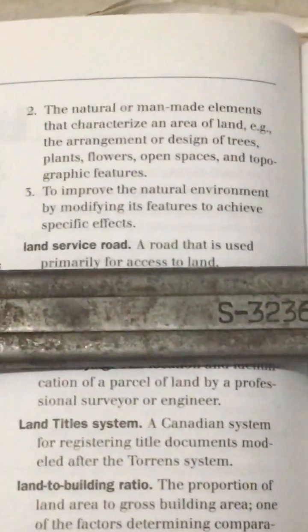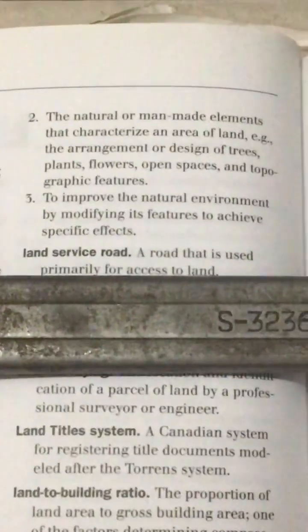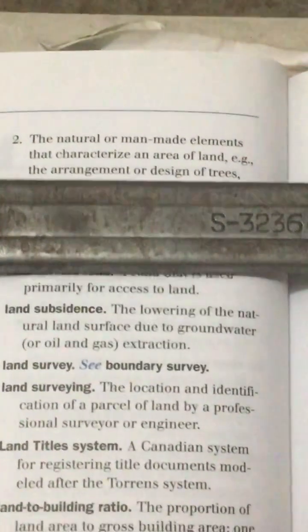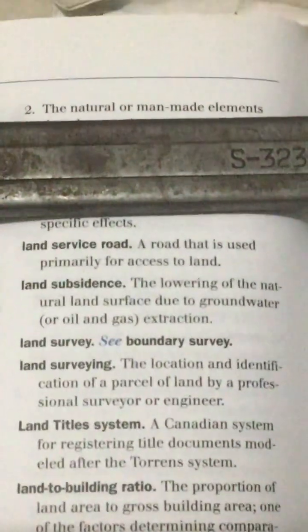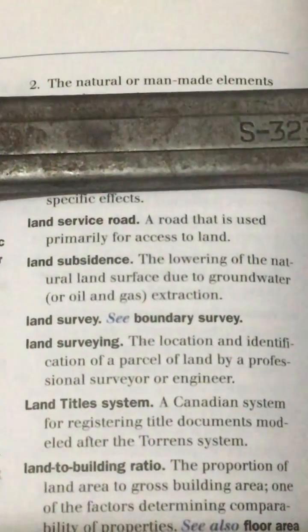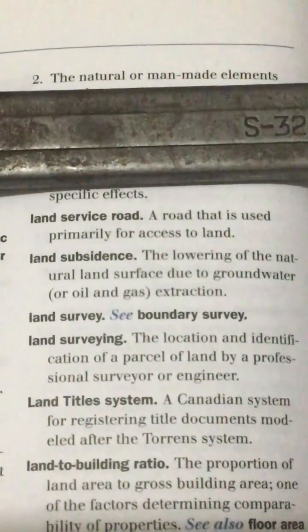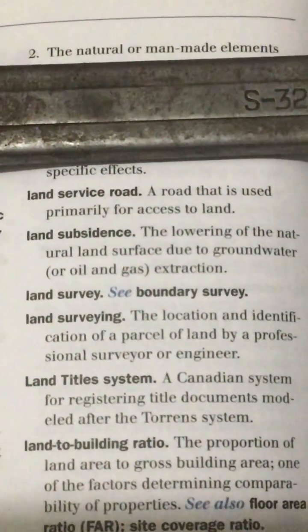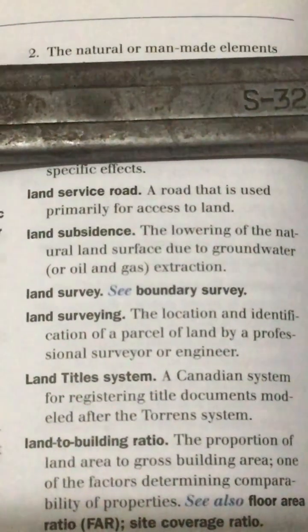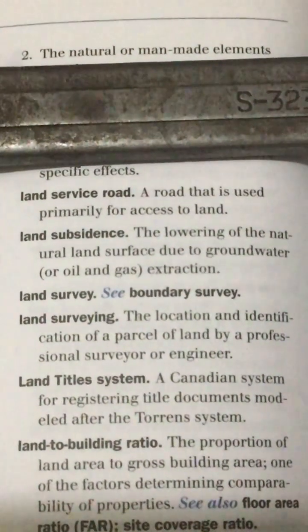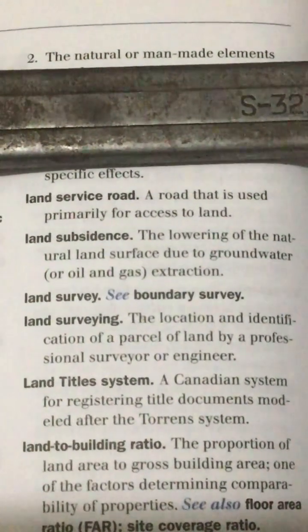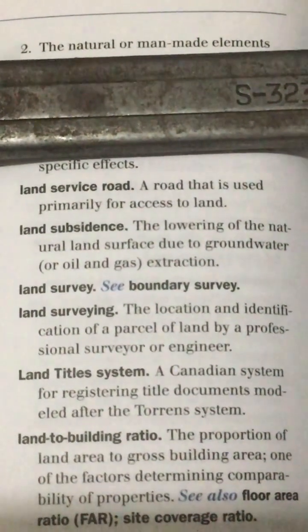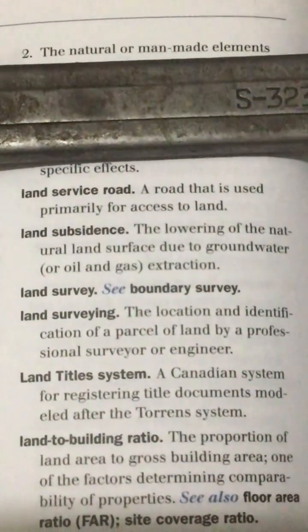To improve the natural environment by modifying its features to achieve specific effects. Land service road, a road that is used primarily for access to land. Land subsidence, the lowering of the natural land surface due to groundwater or oil and gas extraction.